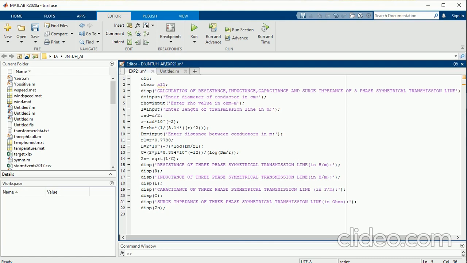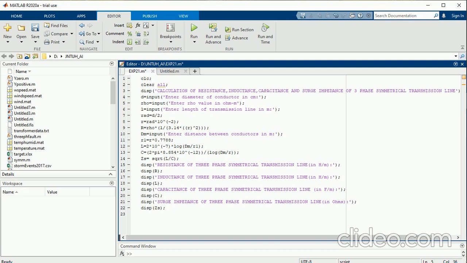On your keyboard, if you are using a laptop or desktop, shift 6 will give you the inverted v power symbol. But please remember one point: whatever parenthesis you are using should be balanced. If you open a parenthesis and don't close it, or you close an excess one, it gives an error.